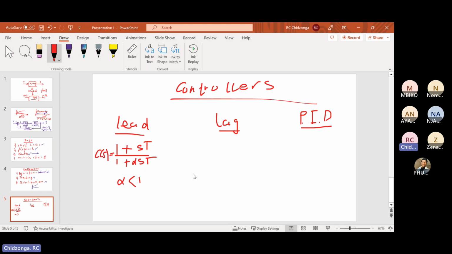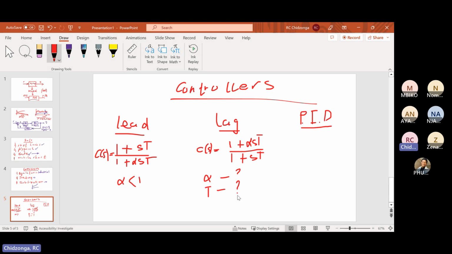The lag controller can take the form, if we keep alpha less than 1, 1 plus alpha sT at the top, over 1 plus sT. The design parameters of both of these controllers are the value of alpha, which is a real number, and T, a time constant.